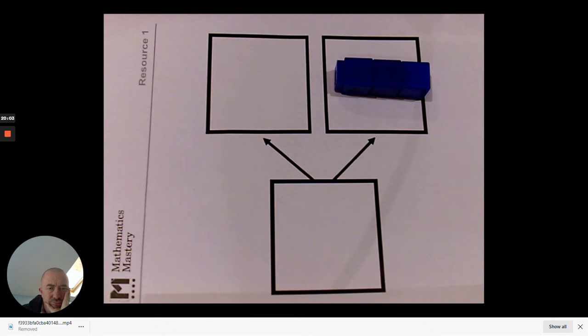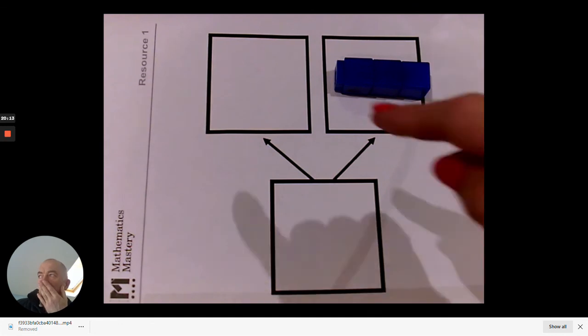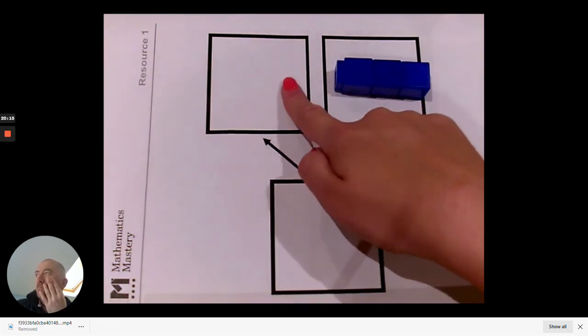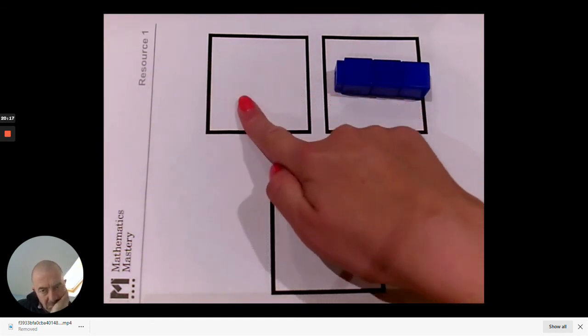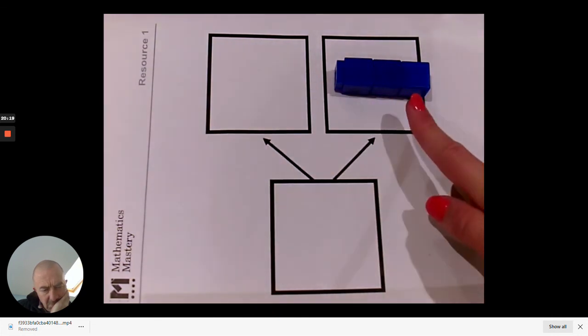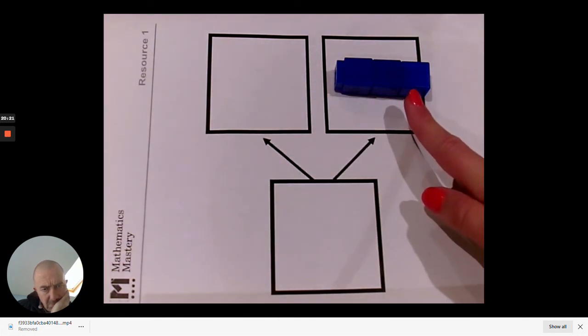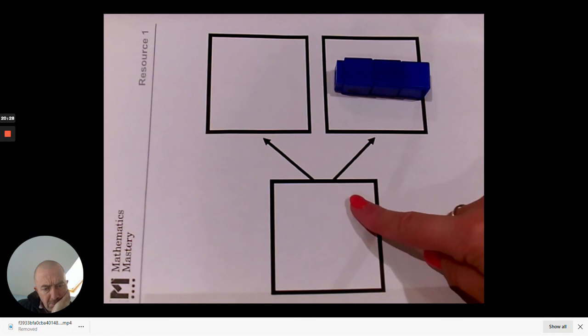Now, what was our other part? Were there any other animals? No, there were no more animals within that box. So we know that my other part here is nothing or 0. I don't have another part to add to the 3. Now I need to figure out how much I have all together in my whole.